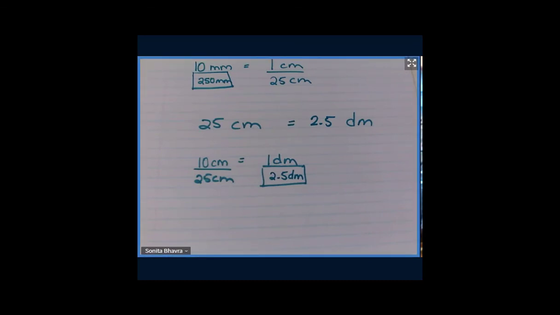Going from 25 centimeters to decimeters, I just set up my ratio. We knew from the chart that 10 centimeters is equal to 1 decimeter. 25 centimeters is equal to how many decimeters? Using cross multiplication, 25 times 1 divided by 10, I got 2.5 decimeters.